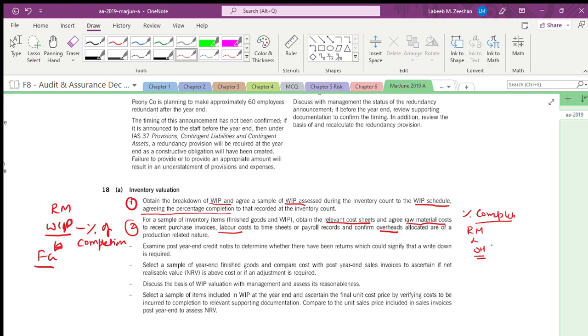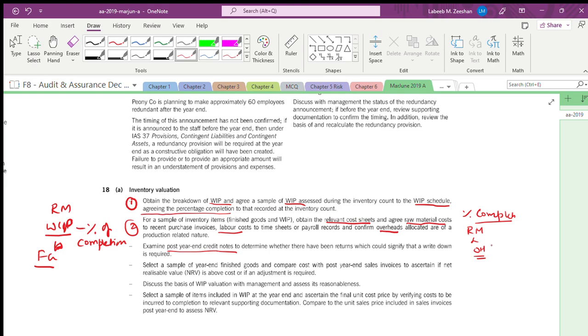Third one, what do they say? They said to examine post year end credit notes. What is meant by credit notes? Credit notes is nothing but we have not paid, with respect to the cost, with respect to the returns, with respect to anything we have written down. Whether something we have returned, they'll give a credit note that yes, this much amount is credited in your account.